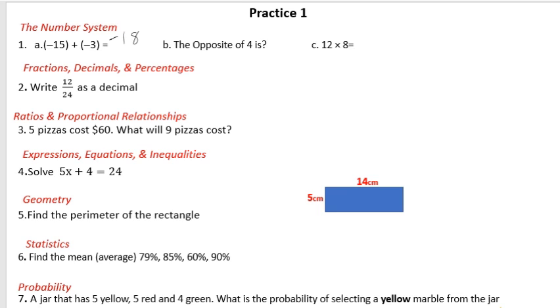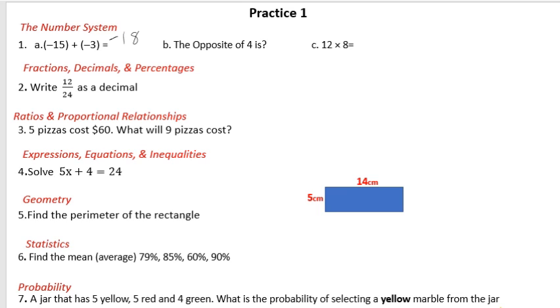All right, now B, again with integers. Remember, integers are numbers that are 0, 1, 2, 3, and negatives 1, 2, 3. These are what integers are.